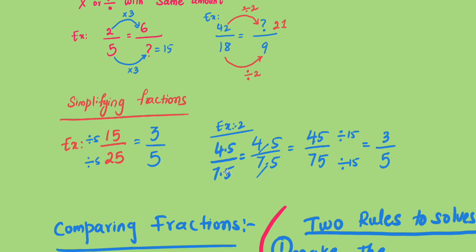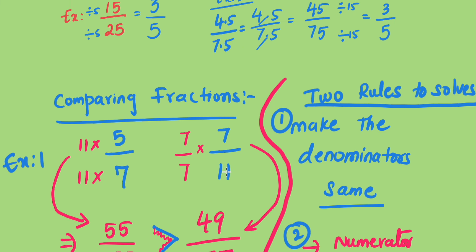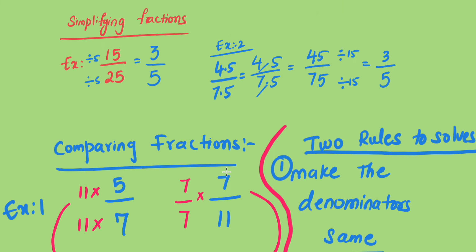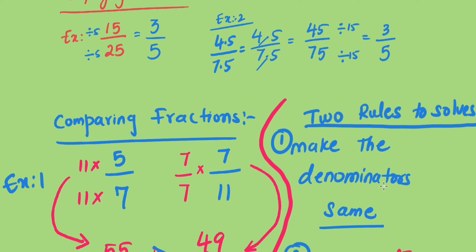Now then we have comparing fractions. This is a big concept, but don't worry. How do you know, if I give you two fractions, which one is bigger? There are only two rules for you to understand. The first one is make the denominators the same. I'll show you how you do that.